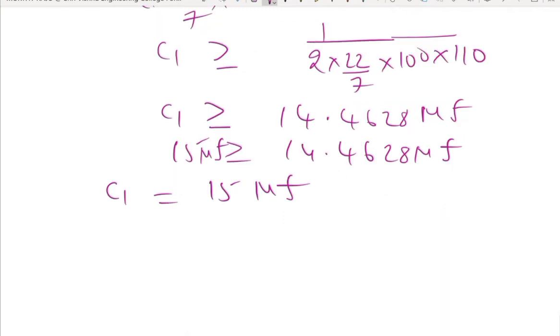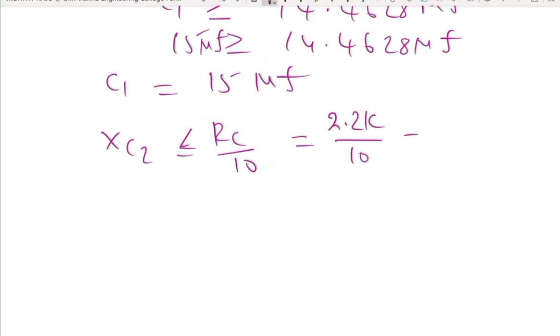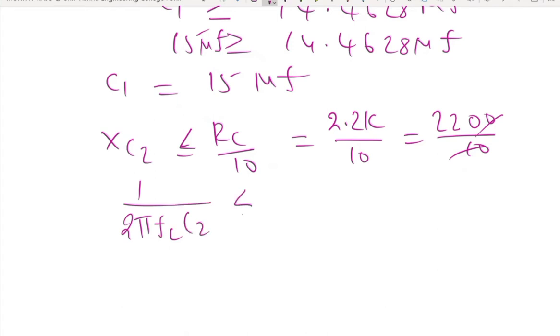Find out C2 value. XC2 is less than or equal to RC by 10. RC is equal to 2.2 kilo ohms, 2200 by 10. Therefore, XC2 is equal to 1 by 2 pi FL C2, less than or equal to 220.